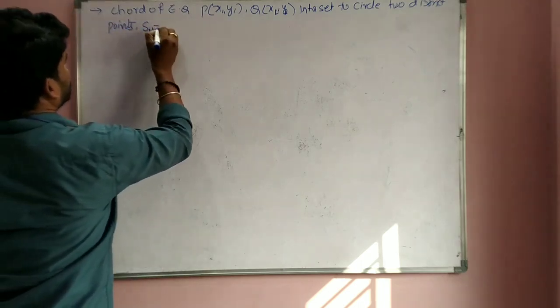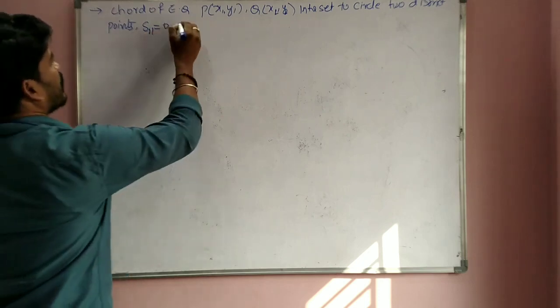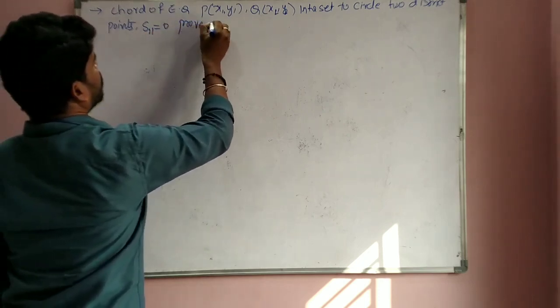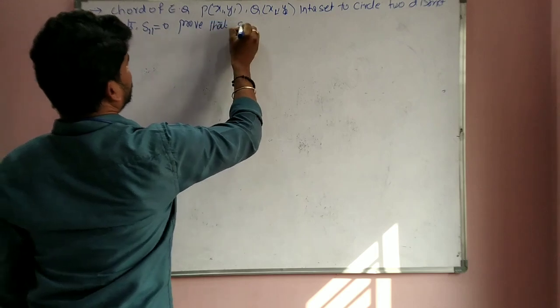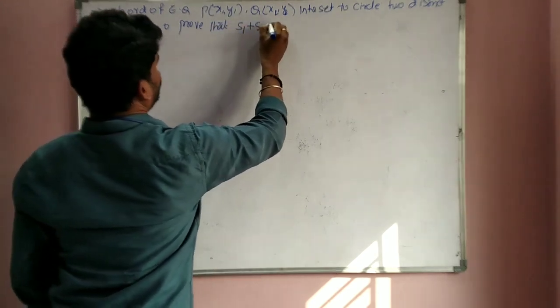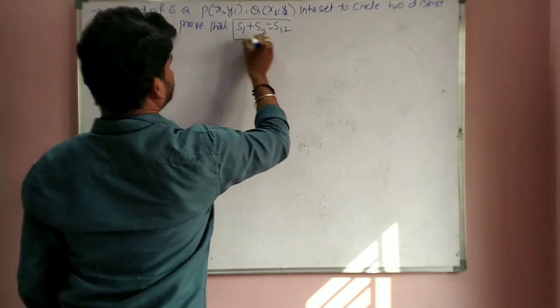S11 is equal to 0. We are going to prove that S1 plus S2 is equal to S12.